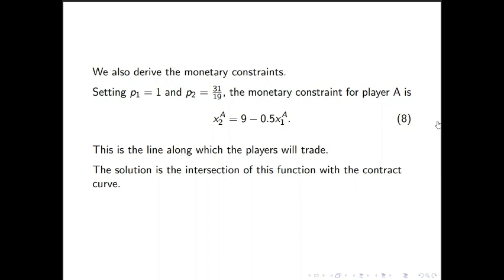Since we have the prices, we can put them in the monetary constraint for player A, and we get equation 8. And this is the line along which they will trade. And as in the previous cases, the solution is where this line intersects the contract curve.